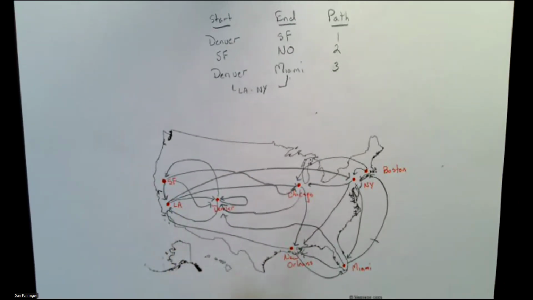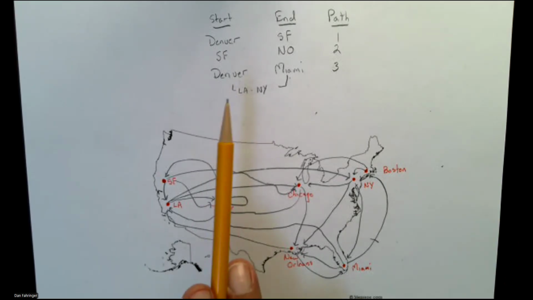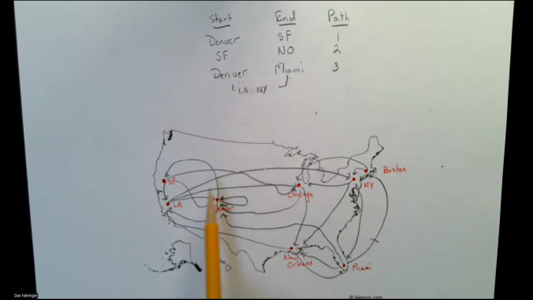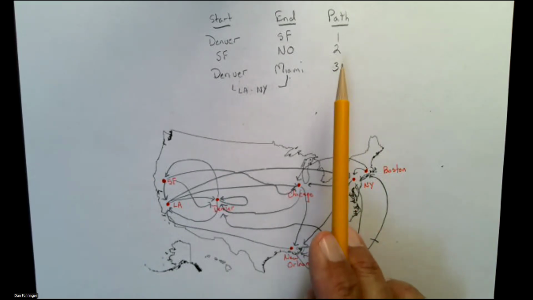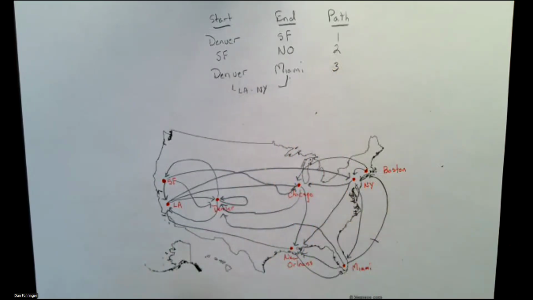Here's a little test data we made up. Denver to Miami. We would go Denver to LA, all the way to New York to Miami. What if the paths matched? What if there was another way to go by length 3?